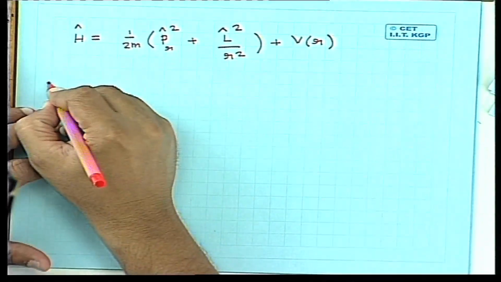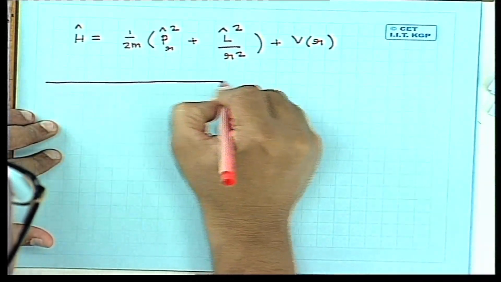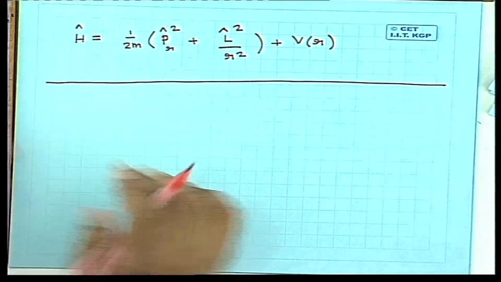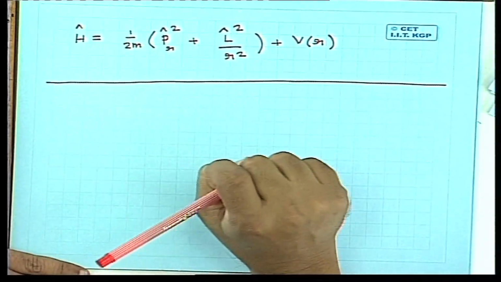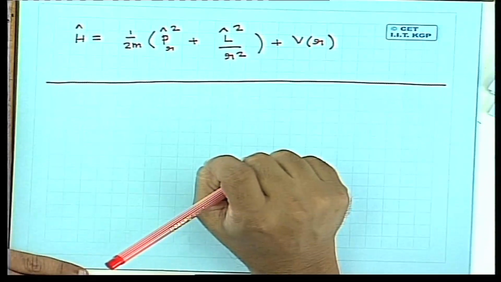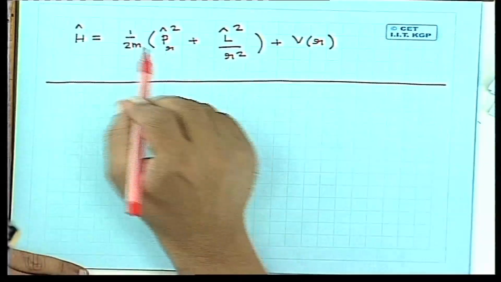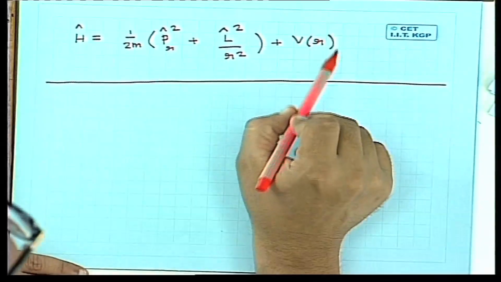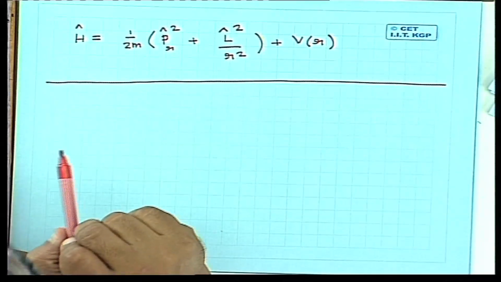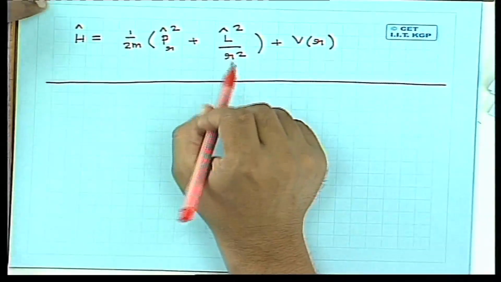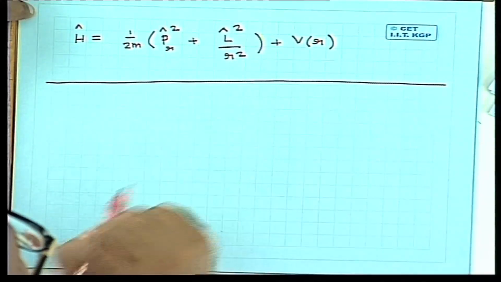So in order to study this problem, we have to look at the eigenfunctions of the angular momentum squared, the operator L squared, and those are the angular part of this wave function. Okay, so that is the reason why we have started looking at the angular momentum operators.